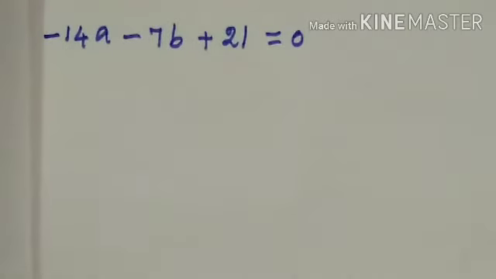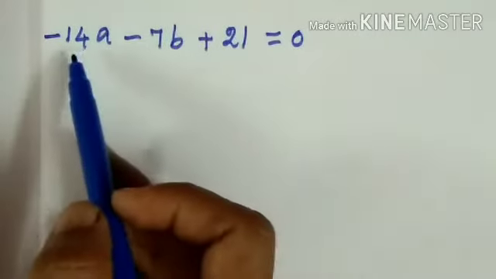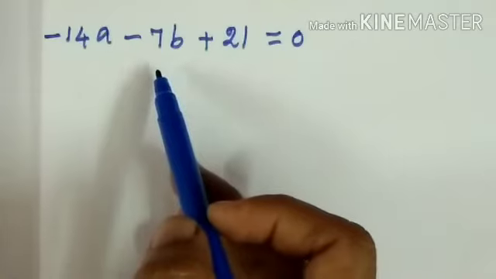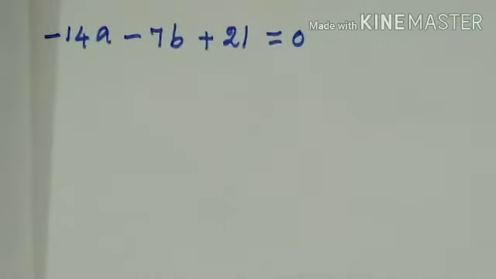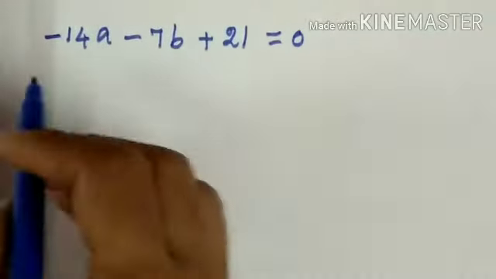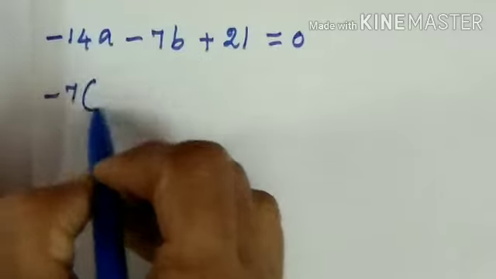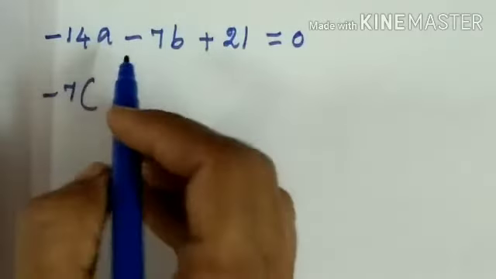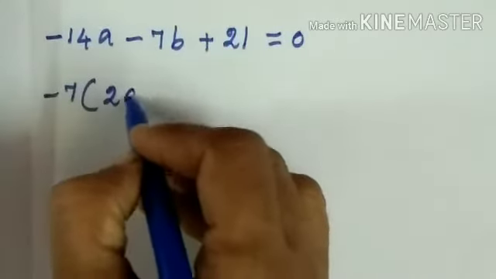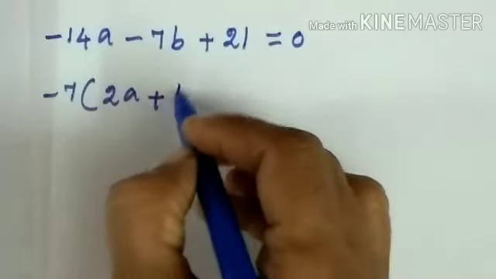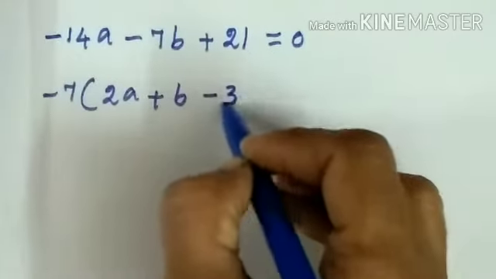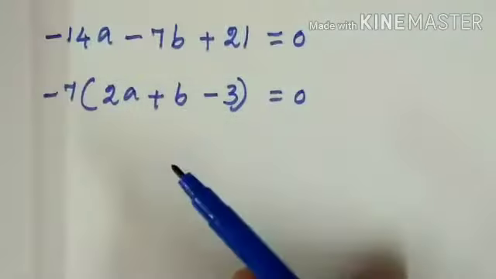Now add the like term means we get minus 14a minus 7b plus 21. Here 7 is a common factor. So take out minus 7, we get plus 2a plus b minus 3 equal to 0.